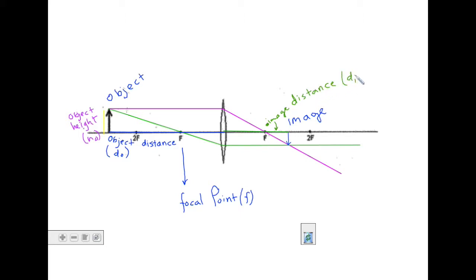You'll call that DI. The height of your image, how tall it is, is going to be your image height.